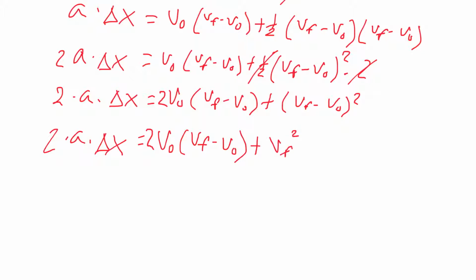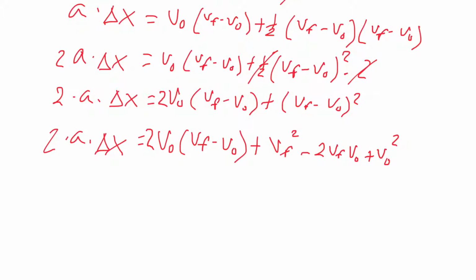So we get V final squared minus 2 V final V naught plus V naught squared. Hopefully you don't need me to walk you through foiling that stuff.